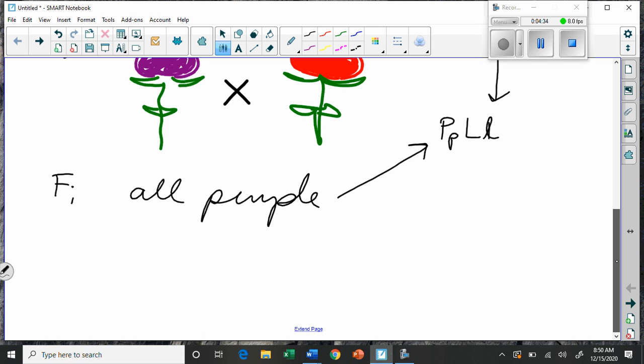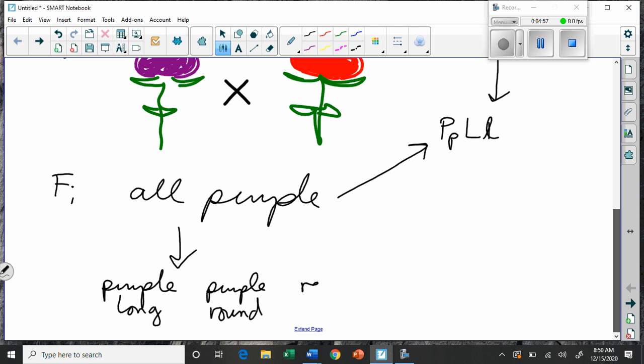And what we find is that when we cross the next generation, we get some purple and some red. So in other words, here's purple and long, purple flowers with long pollen. And we would get purple flowers with round pollen. Then we would get red flowers with long pollen.